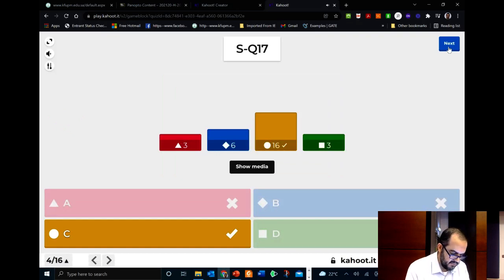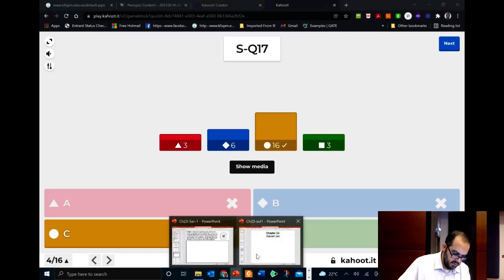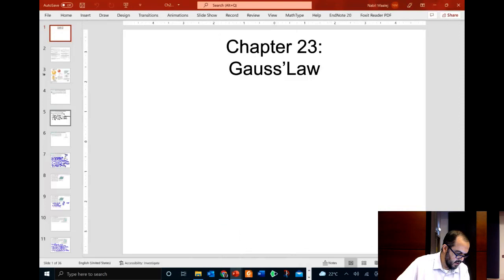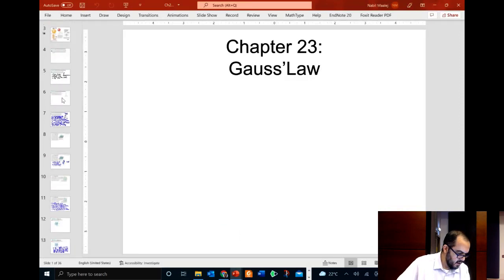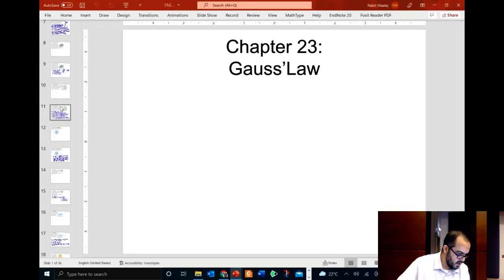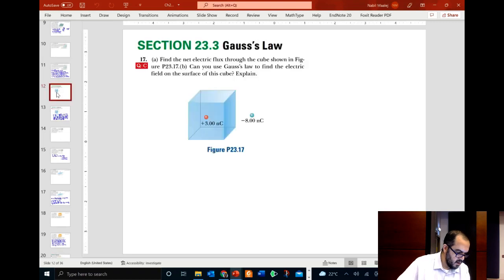Okay, very good. We have 16 correct results and 12 incorrect. This is an easy problem. Here we just use Gauss's law. Gauss's law says the flux is equal to the charge enclosed divided by epsilon 0.